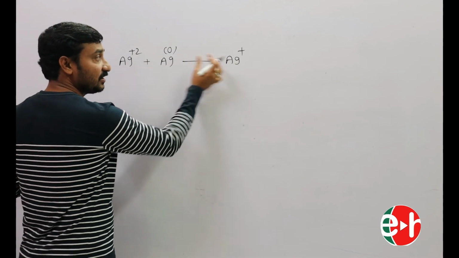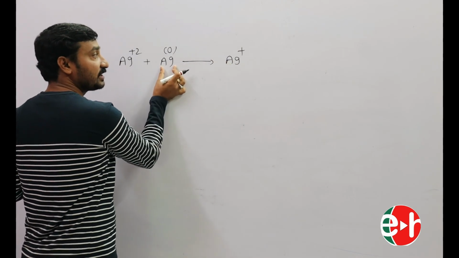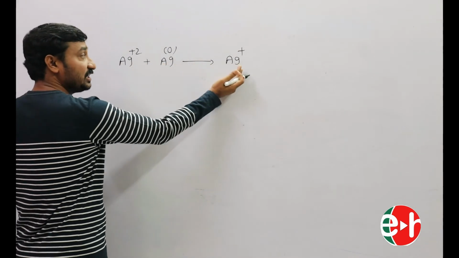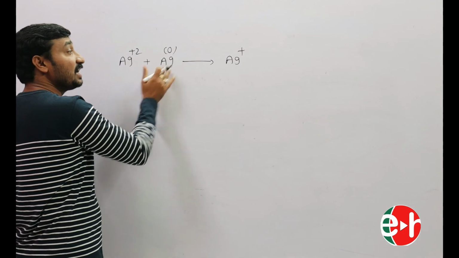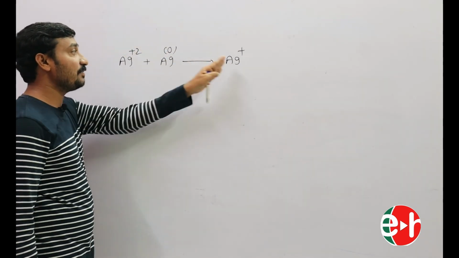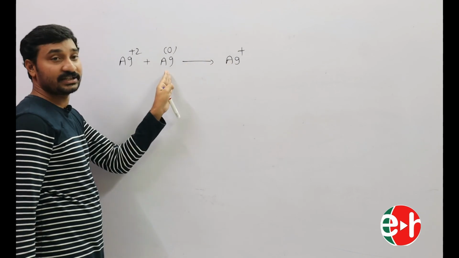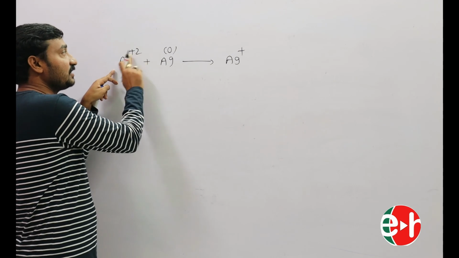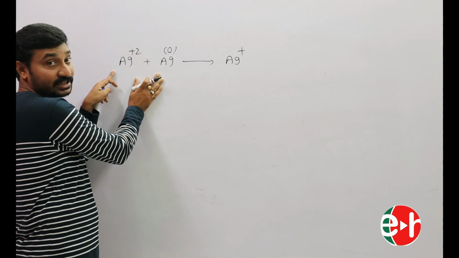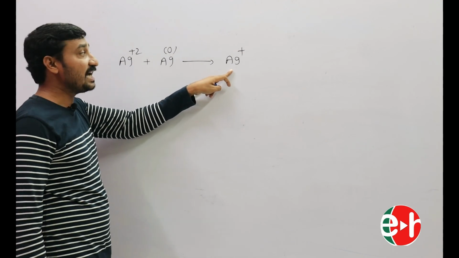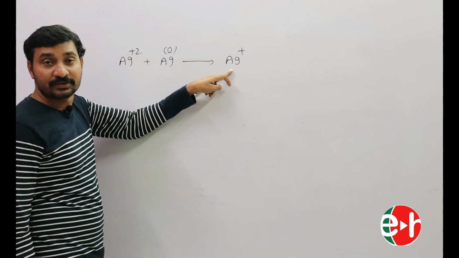See the reverse reaction, +1 to 0 reduction, +1 to +2 oxidation. Okay, so this is the reverse of comproportion reaction, means reverse of disproportion reaction. Disproportion reaction means same element undergo oxidation and reduction. Comproportion means same element in different oxidation states gives a product which has intermediate oxidation state.